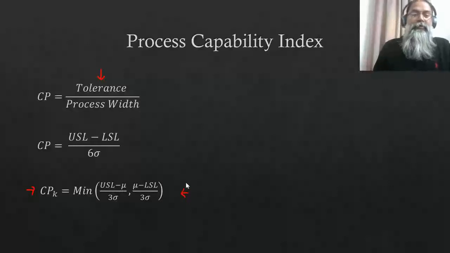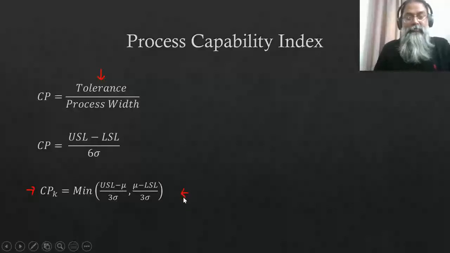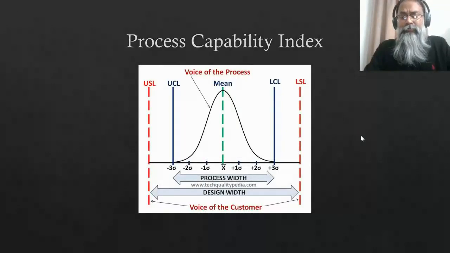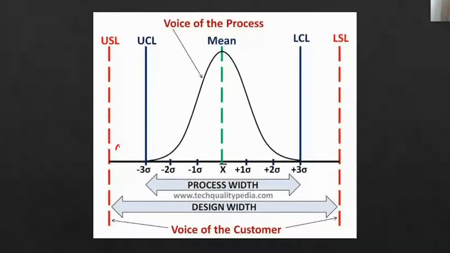And then we will also see how to come up with the answer whether the process is centered or not in a few minutes. Now you can see this is just a diagram to give you an idea of what we are discussing here. Let's say this is the customer specification limit. Say the customer wants the product to be delivered between 3 to 8 days, and your process is capable of making the delivery within 2 to 6 days.